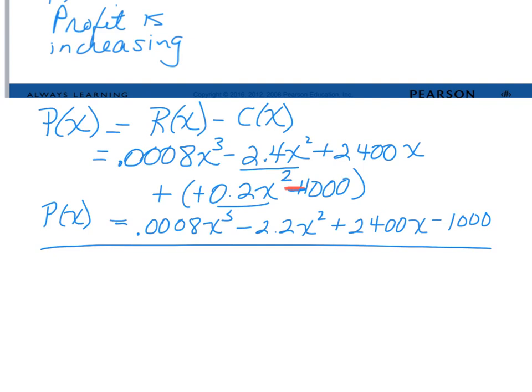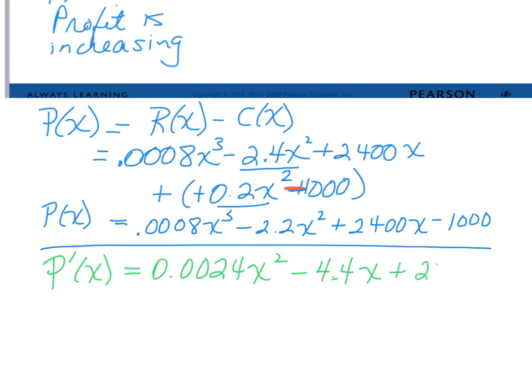So now that we have the profit function, we need to find its derivative. So p prime of x is equal to 3 times 0.0008 is 0.0024 x squared minus 2 times 2.2 is 4.4 x plus 2400.